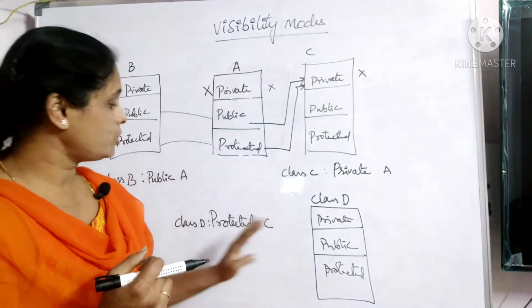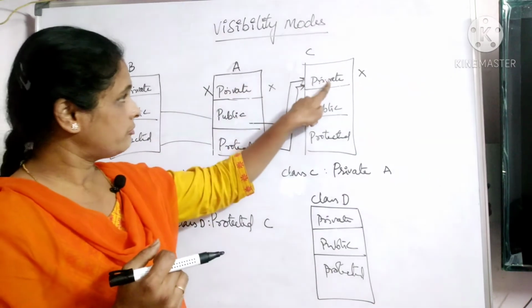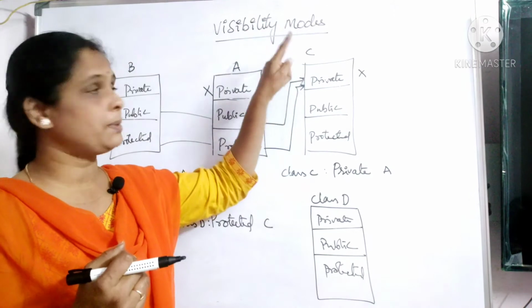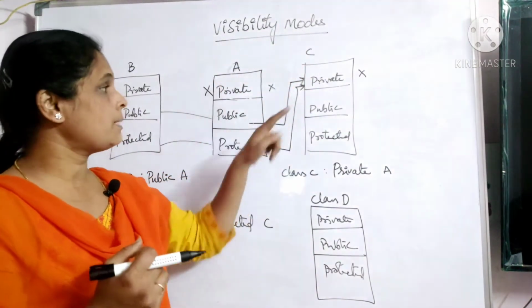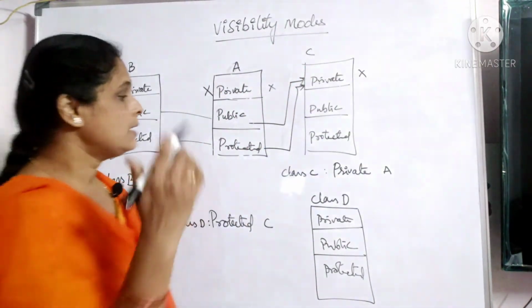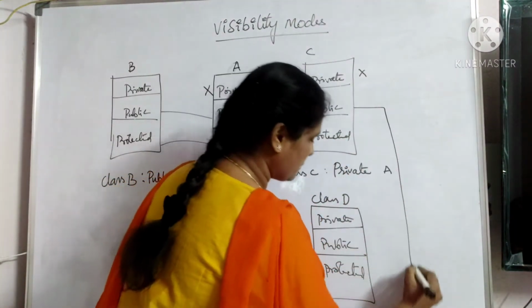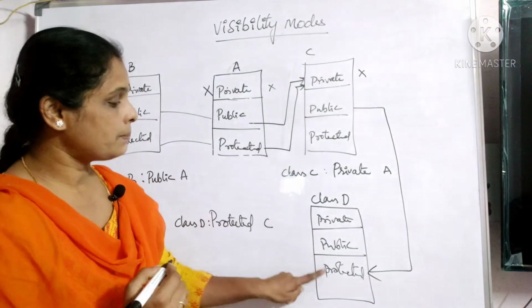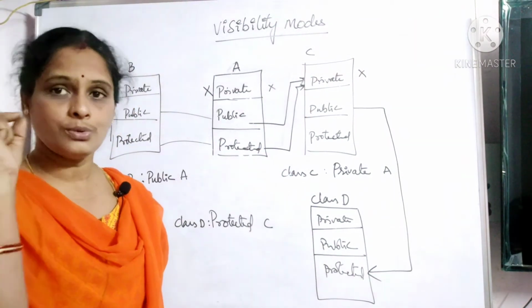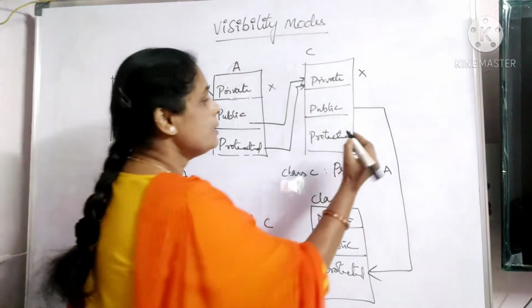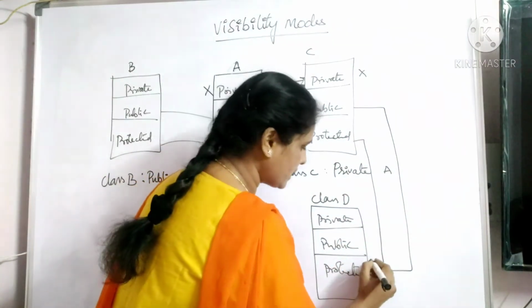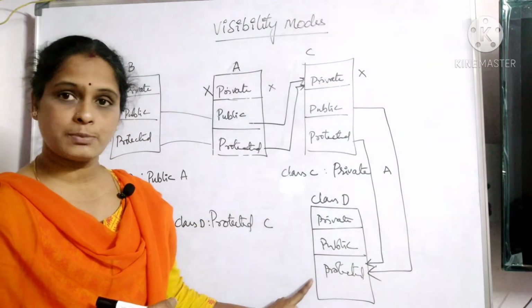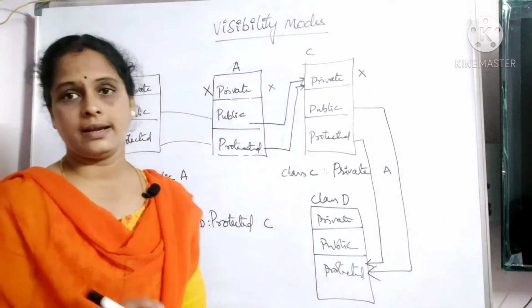Now, coming to protected mode, private data in the base class is not inherited because it is written in the private section. Coming to public and protected data, public data becomes protected when it comes to the child class. In the same way, protected data becomes protected when it comes to the child class.